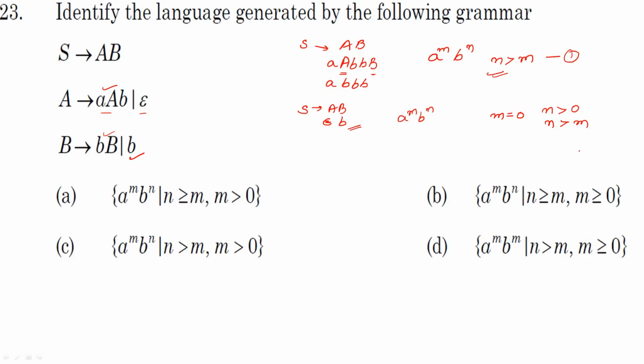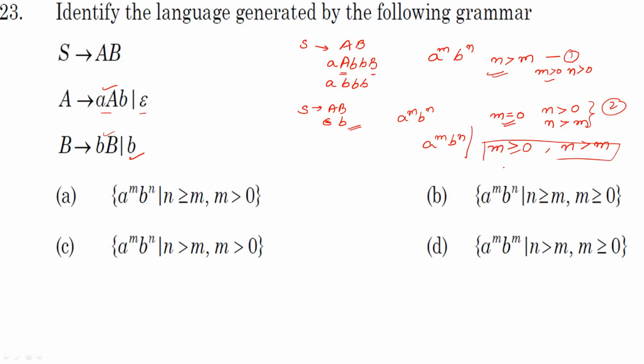If we combine both these things, m is either equal to 0 or greater than 0, so m is greater than or equal to 0, and n is always greater than m. So this should be my condition for a to the power m, b to the power n.